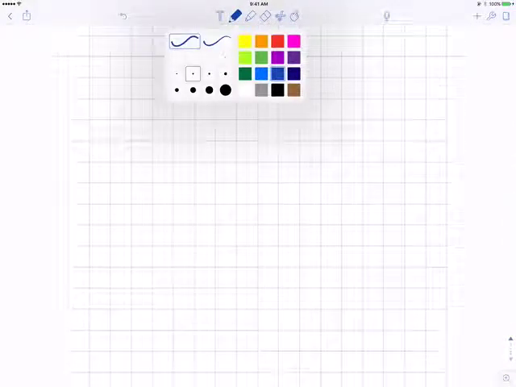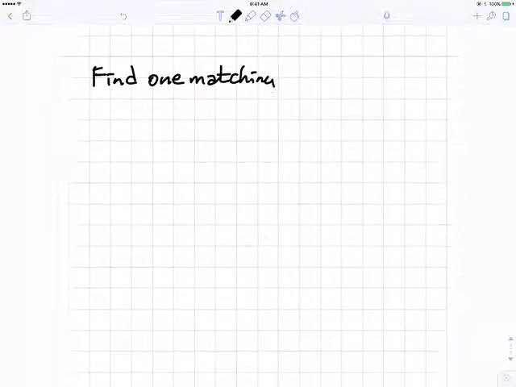All right, so let me go back to the nuts and bolts problem, but rather than going directly into matching up all of the nuts and all of the bolts, let me think about the simpler problem. I just want to find one match, one matching pair.